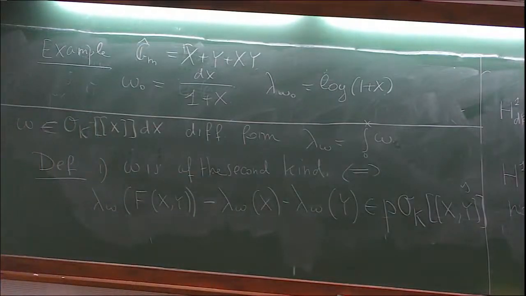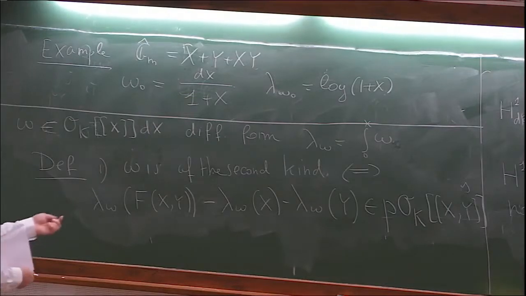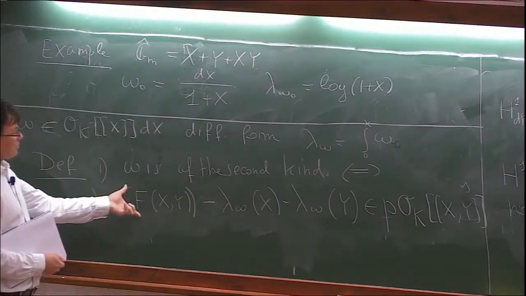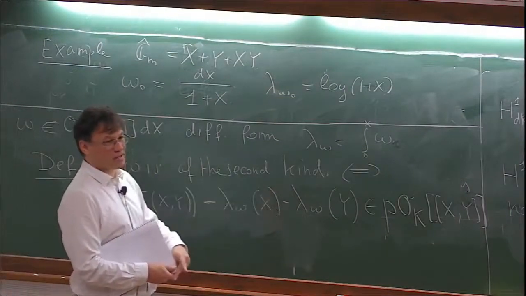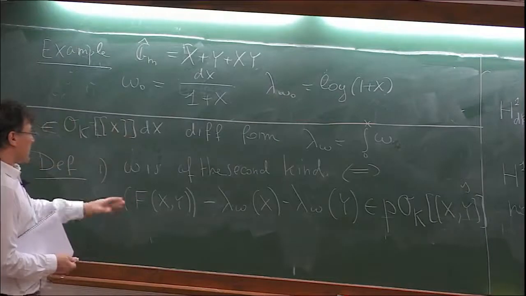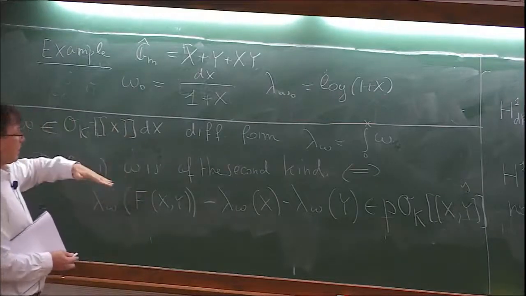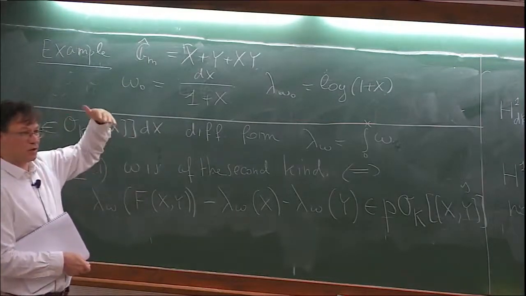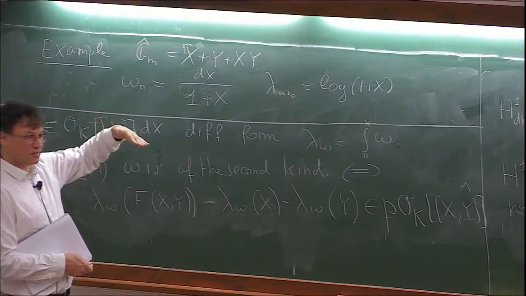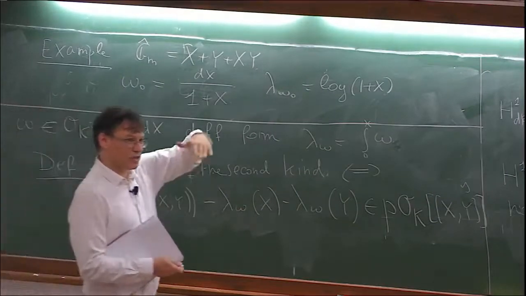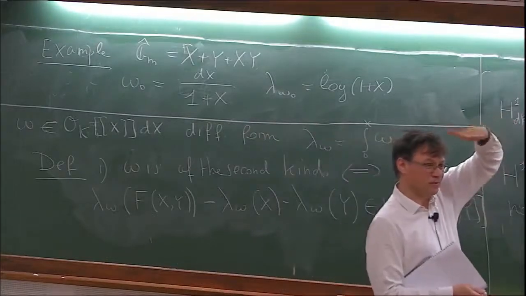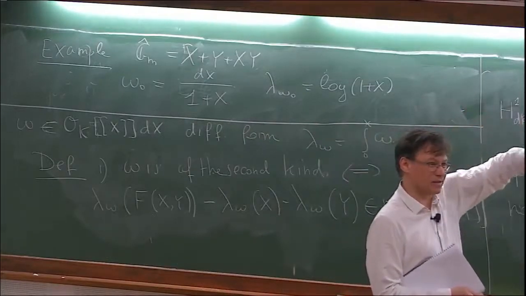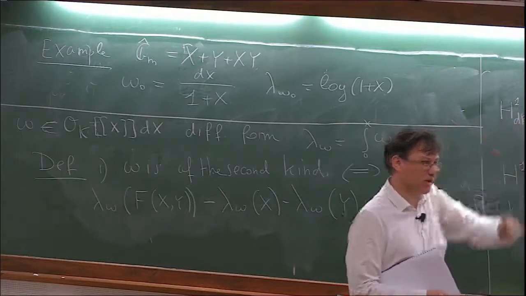So the analogy between this property and the complex situation probably can be explained by the observation that if we have a differential form of the second kind on an abelian variety, we take its lift to C^d, so we consider it as a function on C^d.